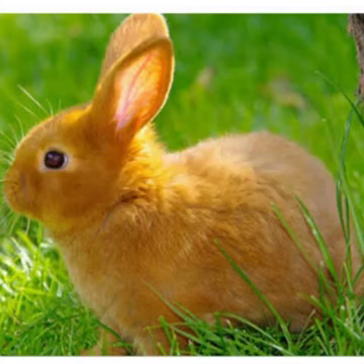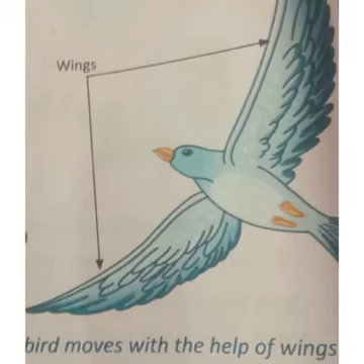Land animals walk and run using their legs from one place to another. Another one is birds and insects. Birds and insects also fly with the help of wings, and they can move from one place to another in search of food and shelter.